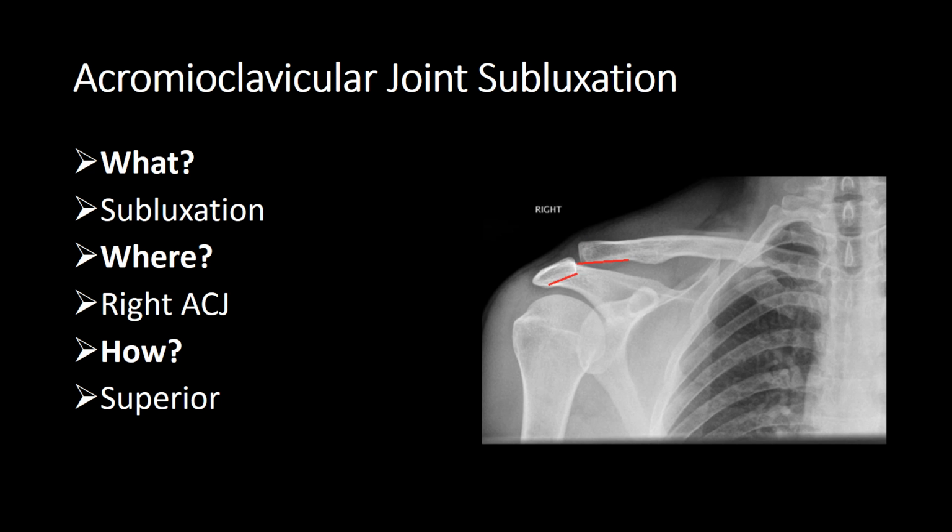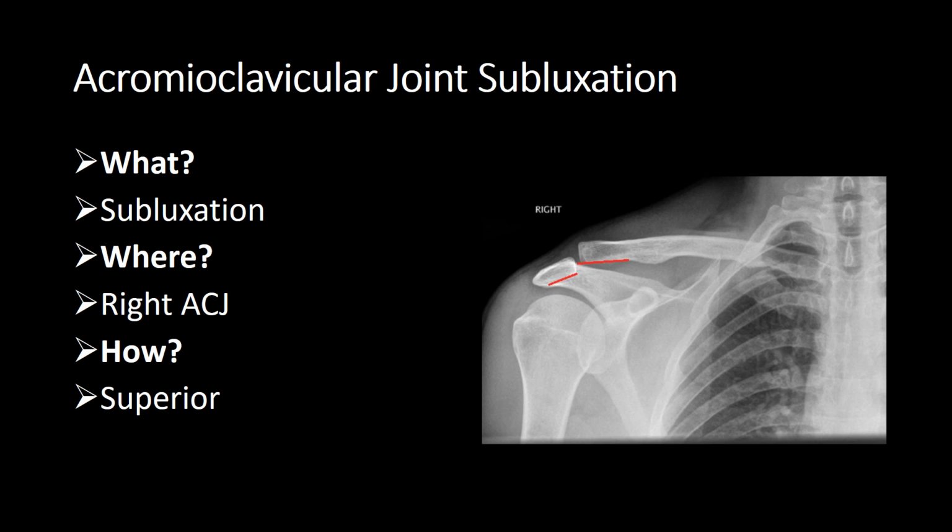Because the clavicle still has partial communication with the acromion, it's a subluxation rather than a dislocation. Remember, a joint is either subluxated or there is a joint subluxation. The word subluxed is incorrect and shouldn't be used.